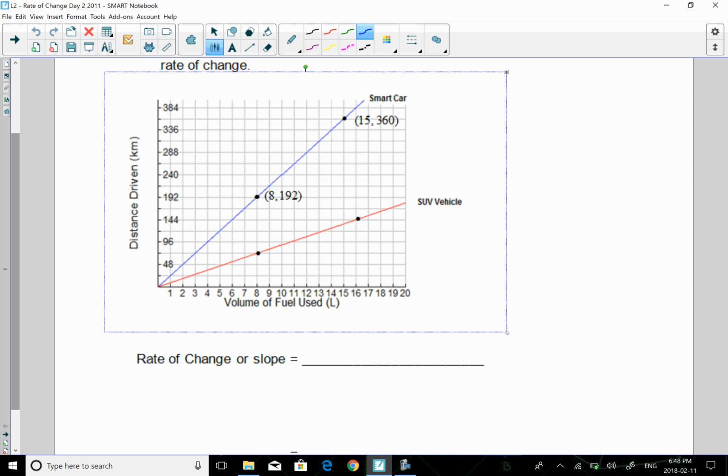As you know, or you may not know, rate of change or slope is basically going to be the change in our dependent variable over the change in our independent variable.